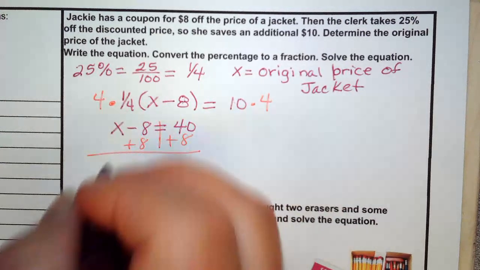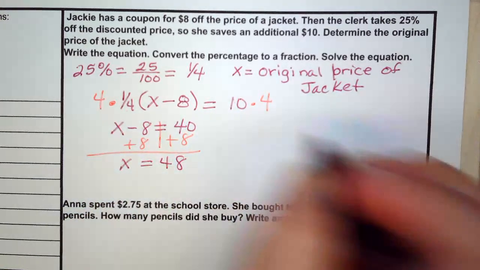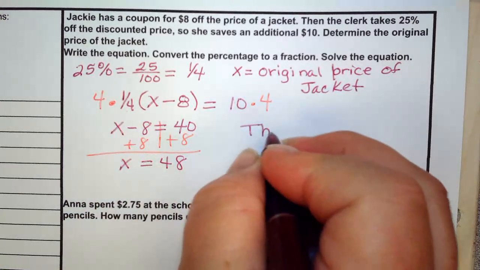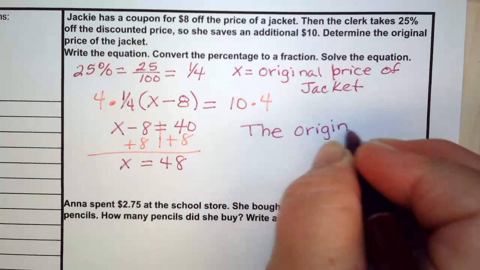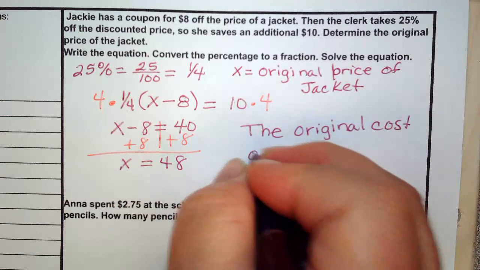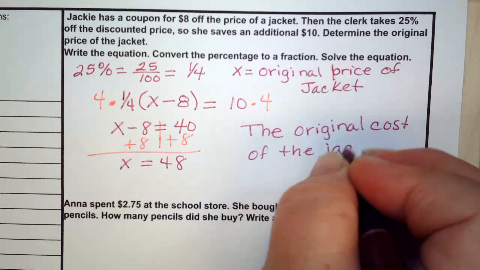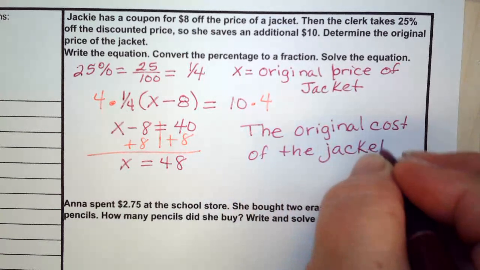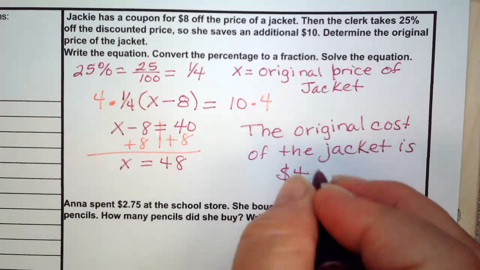And x is equal to 48. So the original cost of the jacket is $48.